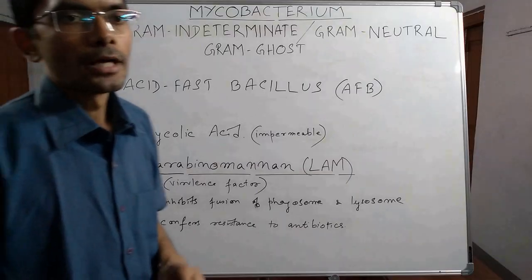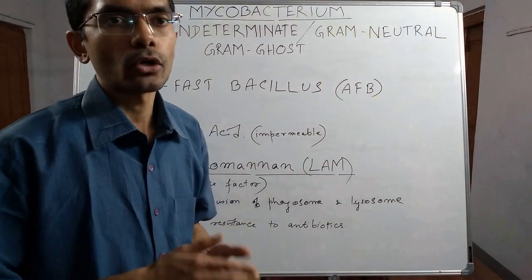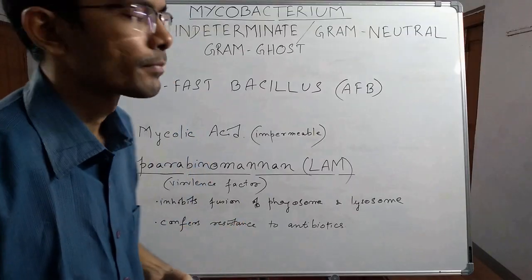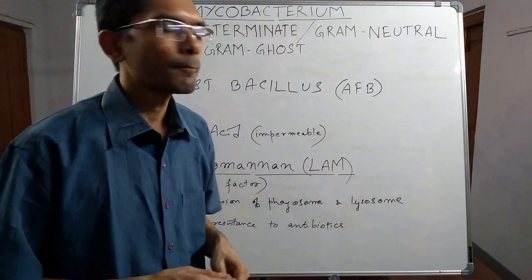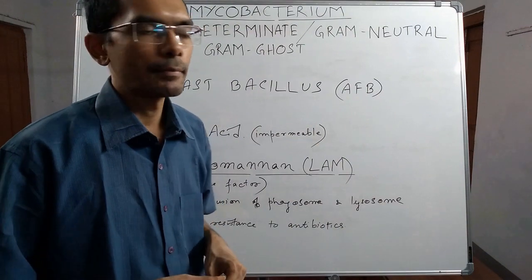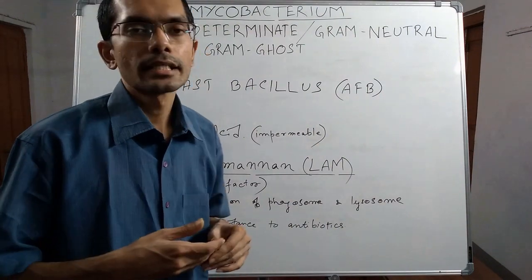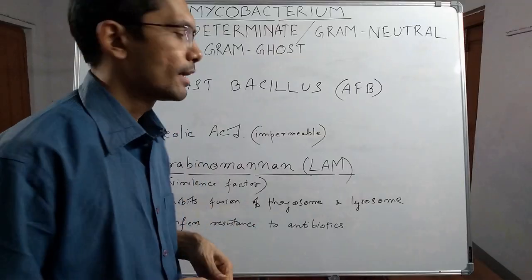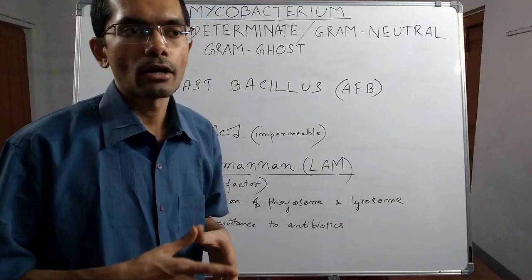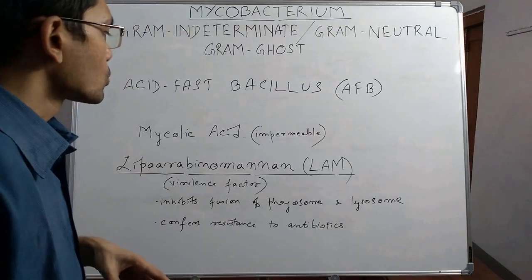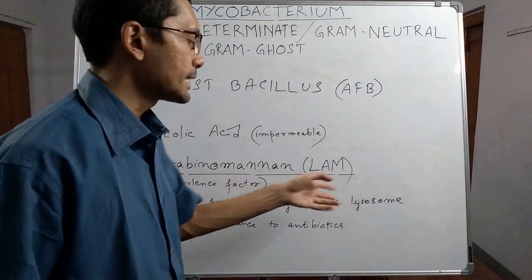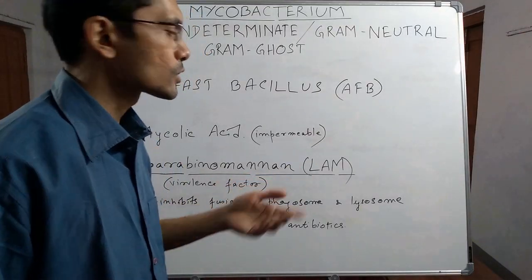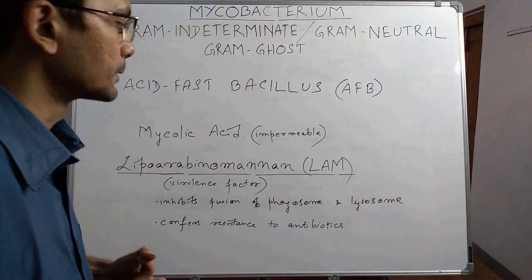Actually, Mycobacterium resides and proliferates in a macrophage, which is a type of WBC. And lysosome, you might know, has an acidic environment which degrades dead organelles and foreign particles with its hydrolytic enzymes. Phagosome has its phagocytic property. So if this fusion is inhibited, lysosome and phagosome won't be able to function properly.